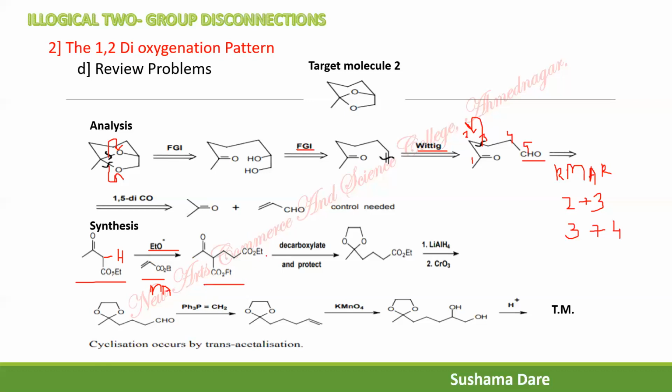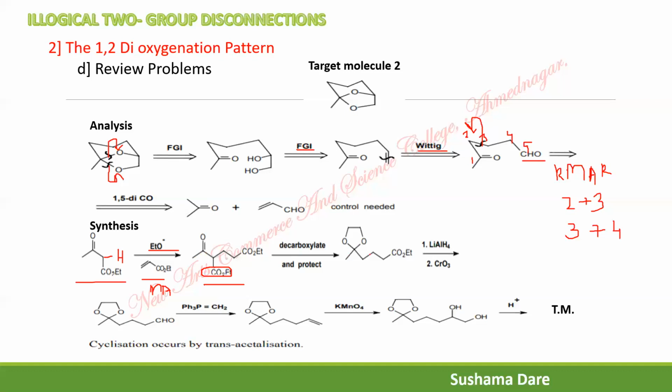Then again, you go for the hydrolysis and then decarboxylation. After hydrolysis and decarboxylation, this part is removed and you will have this. After this, this carbonyl group is protected by using a 1,2-diol.